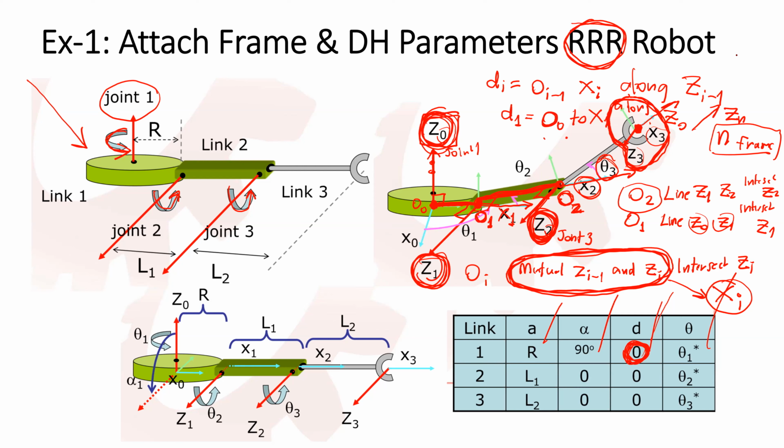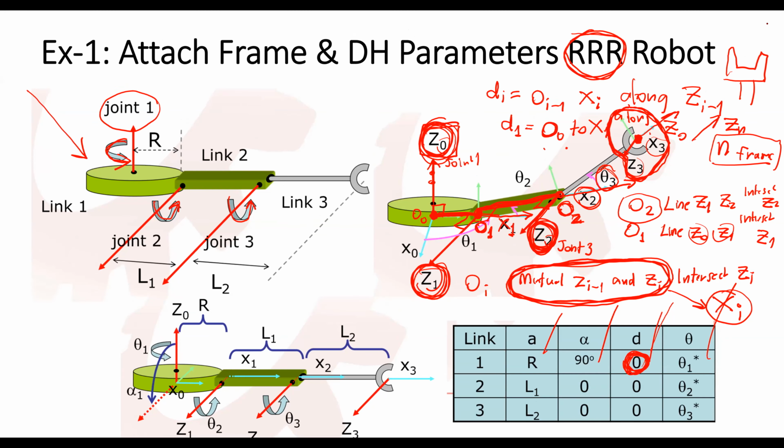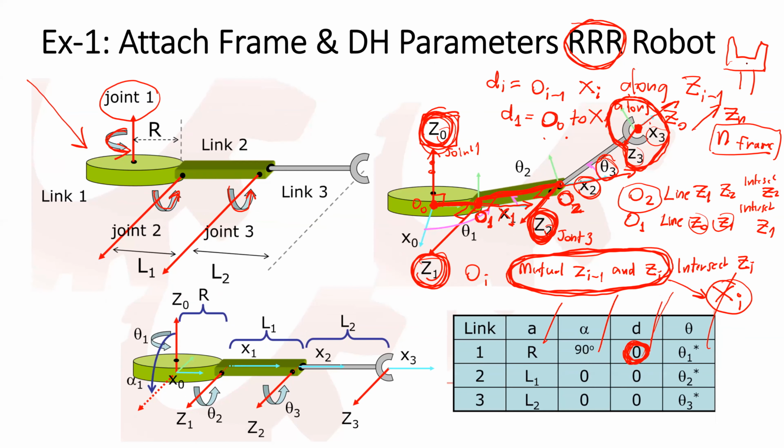If you have a gripper, like here, maybe you're going to point Z of the end frame outward and have the X of the end frame in the direction of motion of the gripper. But this is one possible choice.